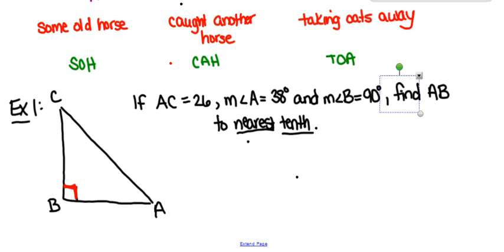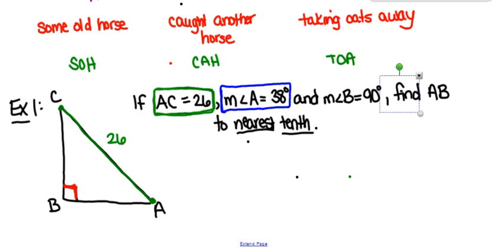So I'm going to go label the information that they give to me in the picture. The first piece of information that they tell me is that side AC measures 26. So I'm going to go to the picture and I'm going to find side AC. I'm going to label that 26. The measure of angle A is equal to 38 degrees.